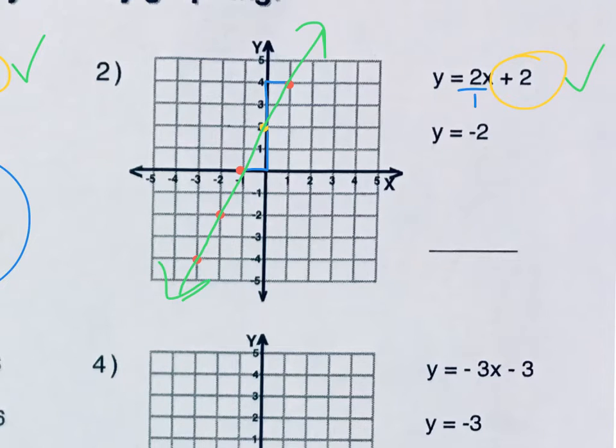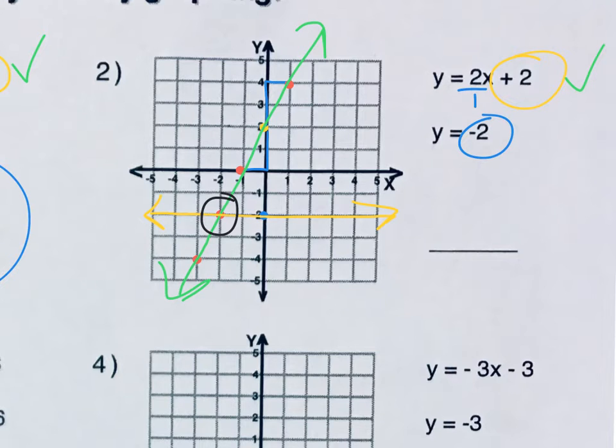So that equation's done. Our second equation does not have a slope again, but it does have a b. Begin at the b and put a point. From there, there is no slope, so the slope is 0, which is a horizontal line running through -2.